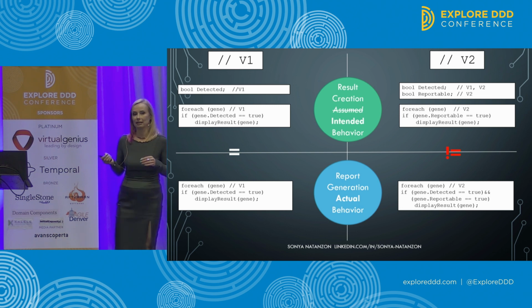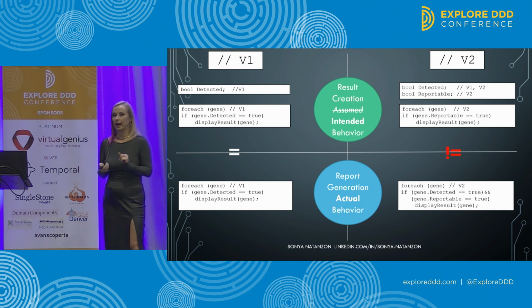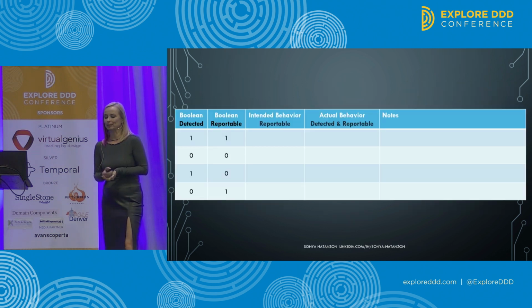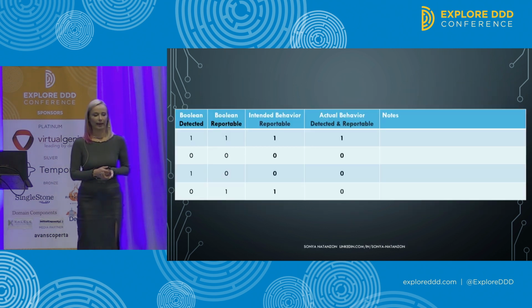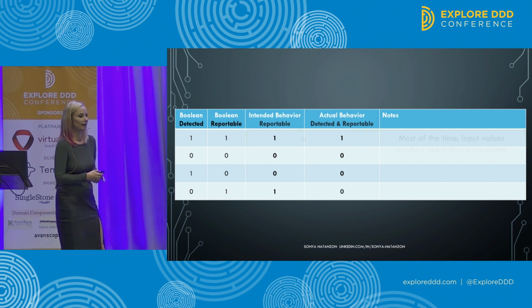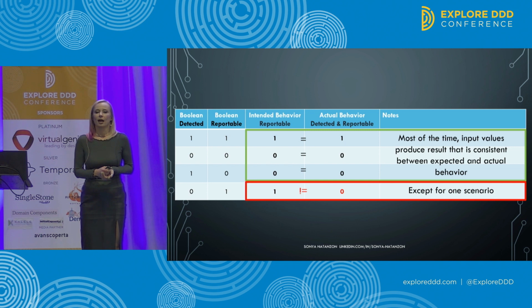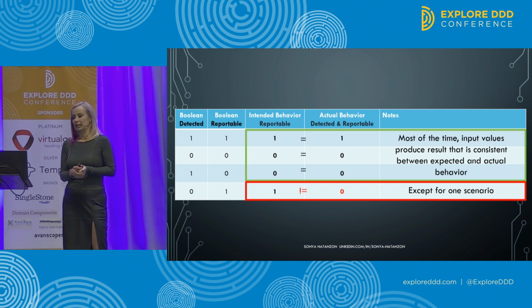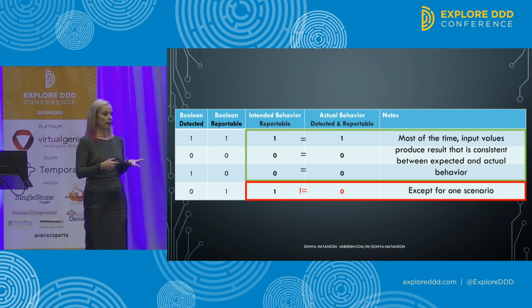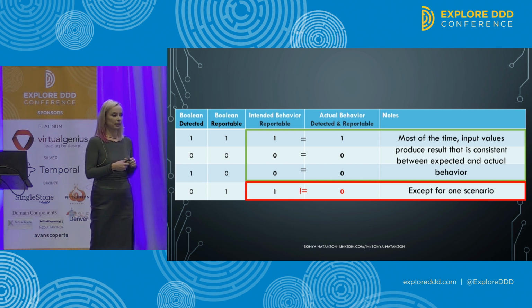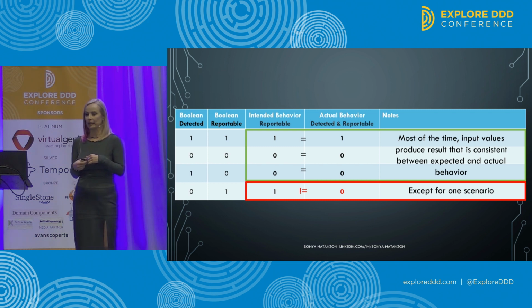Okay, so clearly not parity, but what's the impact? What happens actually? Well, we borrow a page from our test team, we plug in our Boolean values, and we start looking at the results. And what we find is that with their values of detected and reportable, in most cases, they produce consistent behavior between what the result creation domain intended and what the report generation domain implemented, except for this one case.